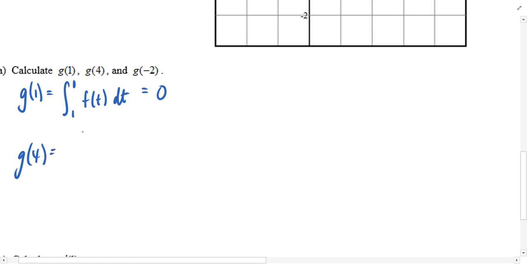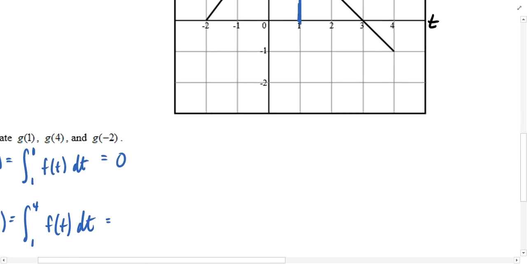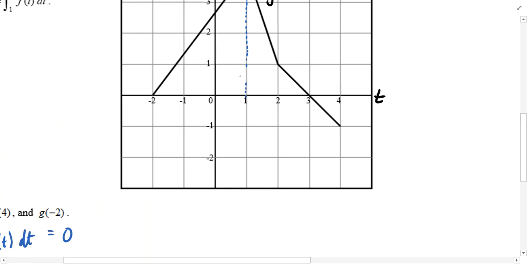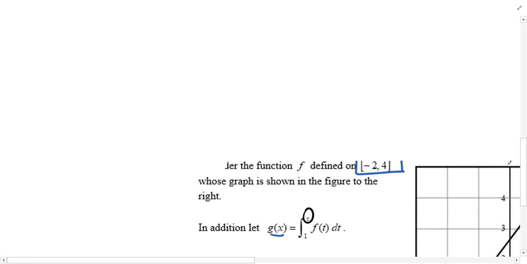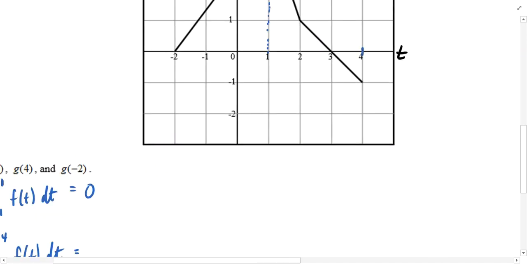For g to be evaluated at 4, that's this integral from 1 to 4 now of the function f of t dt. We don't know what this function is, so it's not like we can use the antiderivative to compute this result. We are calculating these results based on area formulas. But now we're talking about the accumulated change from 1 to 4.